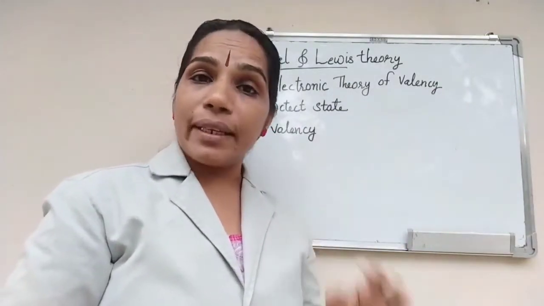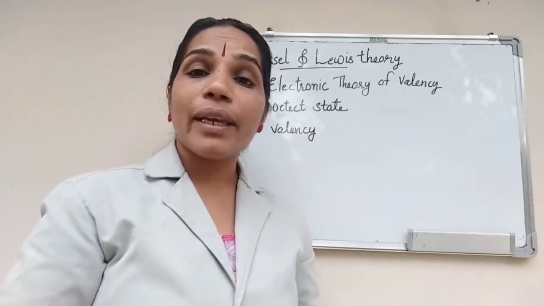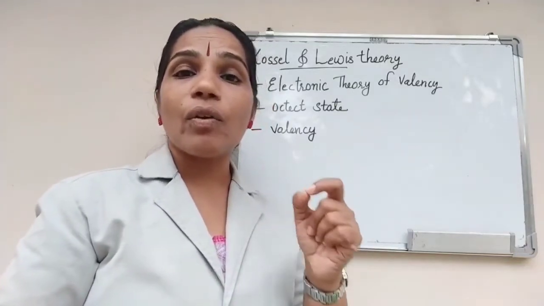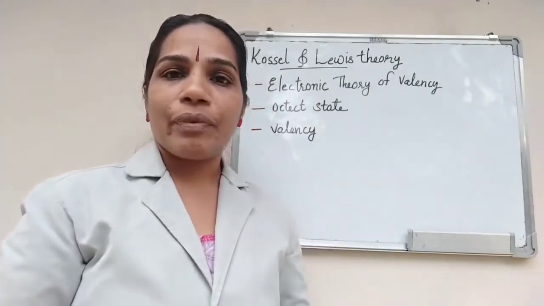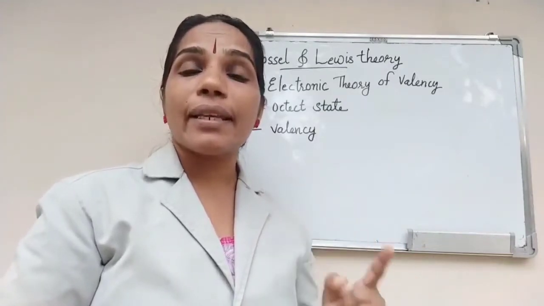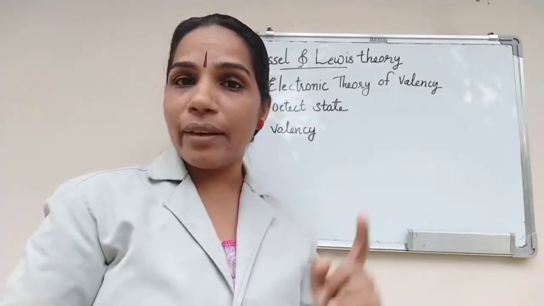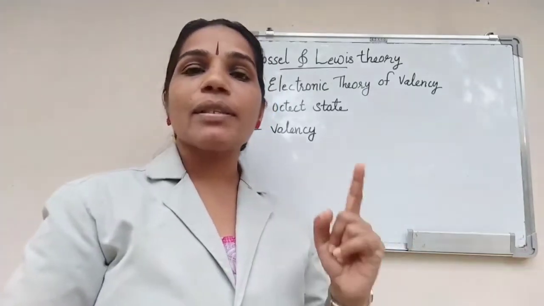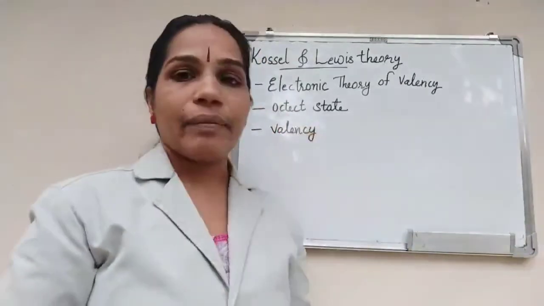According to this theory, atoms combine to get the electronic configuration of the nearest noble gas. We know that all noble gases except helium have 8 electrons in the valence shell. 8 electrons in the valence shell is the octet state.